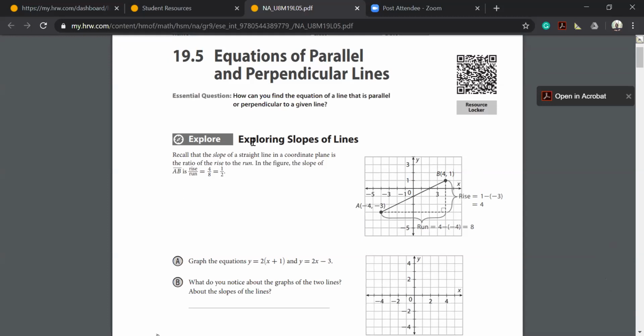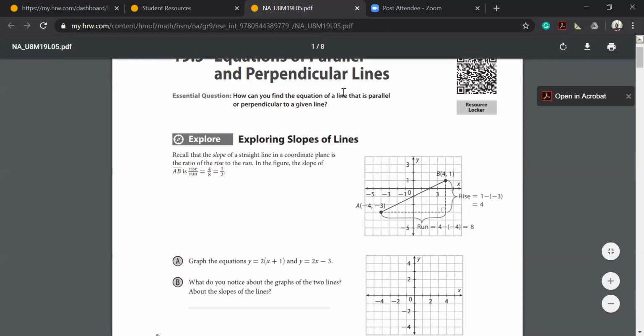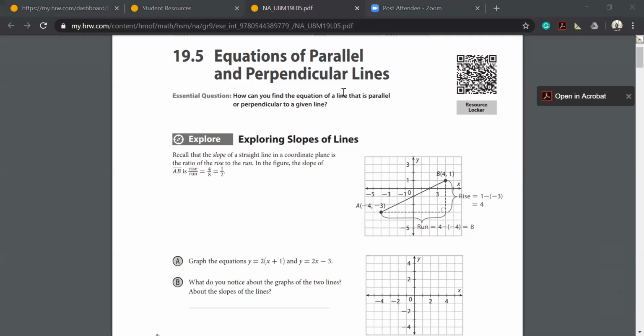Okay, first of all, exploring slopes of lines. Recall that the slope, you remember the slope, girls, we said the slope has two rules. M was either equal to y2 minus y1 over x2 minus x1. This was the first rule. If you are using points, you can use this rule.